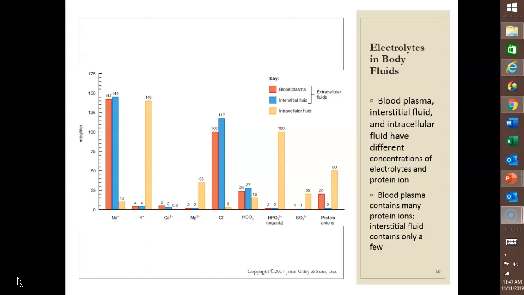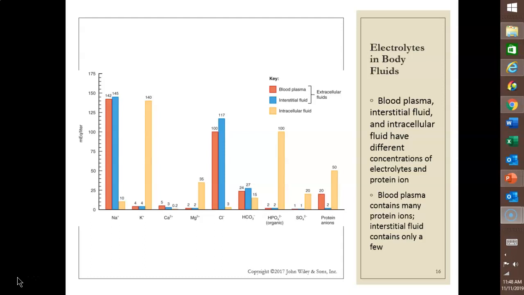Because normal capillary membranes are pretty much impermeable to proteins, only a few plasma proteins leak out of the blood vessels and into the interstitial fluid. So this difference in protein concentration is responsible for the blood osmotic pressure that's exerted by the blood plasma.